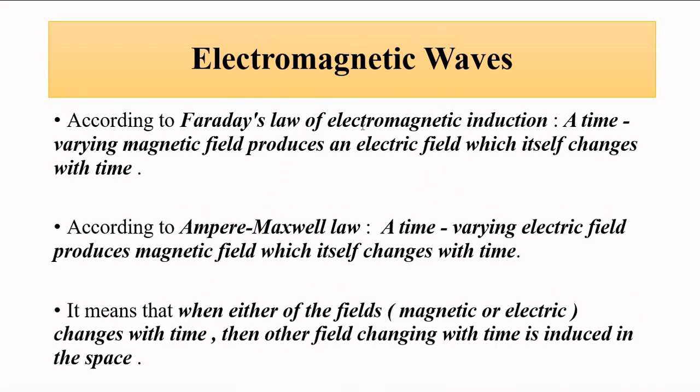So basically, according to Faraday's law of electromagnetic induction, the conclusion that we can draw is that a time varying magnetic field will produce an electric field which will itself change with time. So a time varying magnetic field produces a time varying electric field. And as per Ampere-Maxwell law, a time varying electric field will also produce a time varying magnetic field.